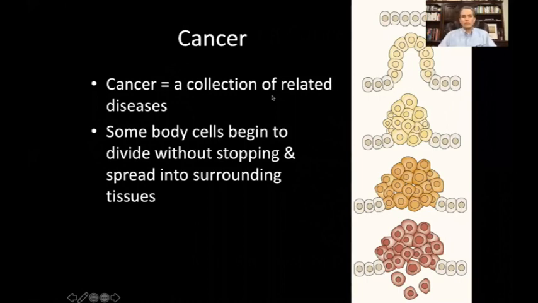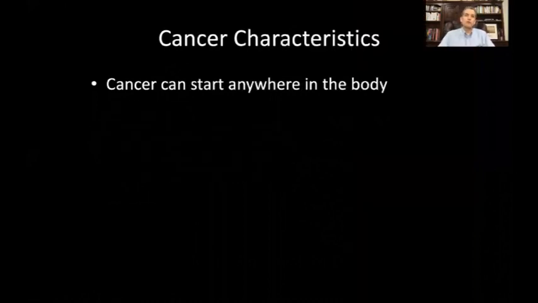So some body cells begin to divide without stopping, and they can start spreading into the surrounding tissues. And that's a common feature with any cancer. Cancer can start anywhere in the body. Any tissue can develop cancer. It's not often that certain tissues are affected, meaning there are some tissues that seem to be fairly protected from cancer. For example, the eyes.